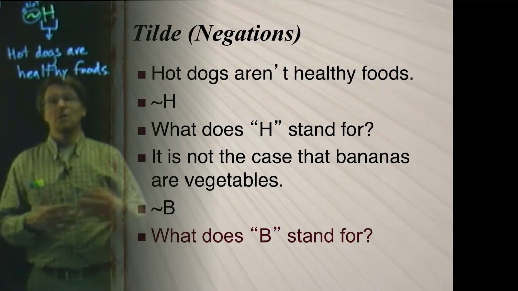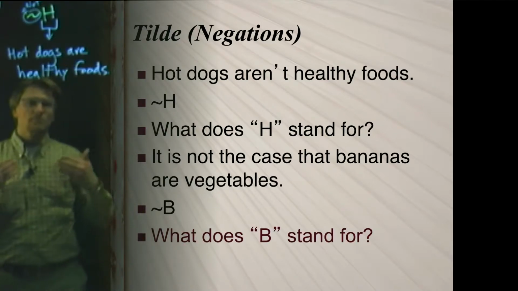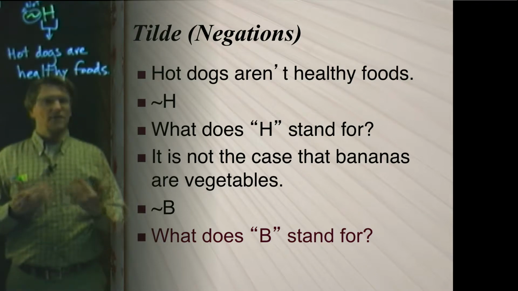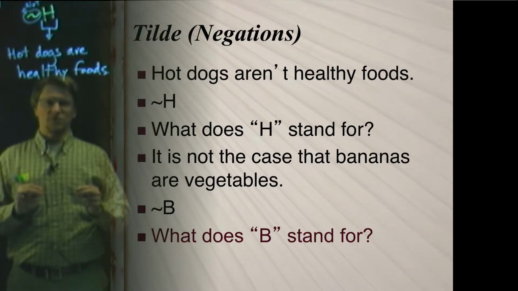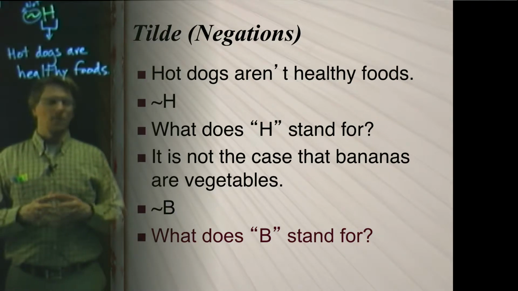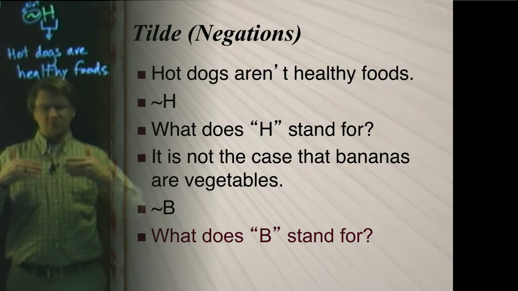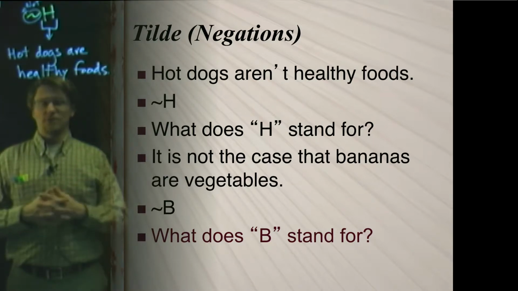Again, we could think about what does B stand for, but we'll remember that we're not dealing with categorical logic. So again, B here stands for bananas are vegetables. These uppercase letters always stand for simple affirmative propositions.